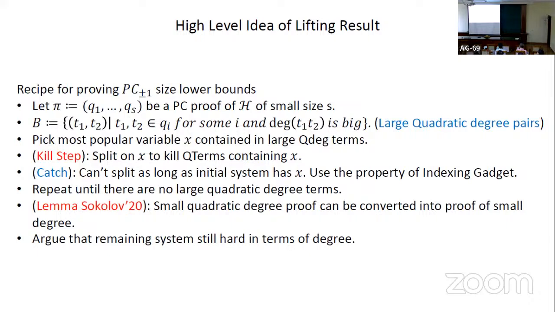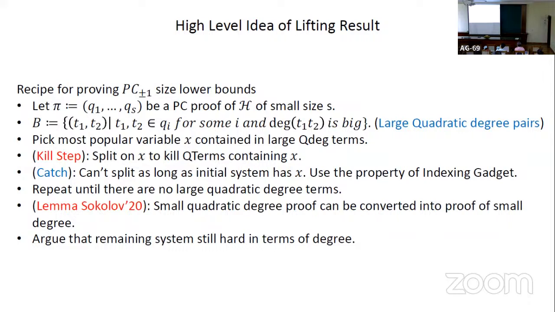Then you collect these high quadratic degree pairs, pairs of terms T1, T2 present in the same line, such that the degree of the product of these terms is large. We collect all such pairs, and our idea is to reduce this quadratic degree measure instead of reducing degree.